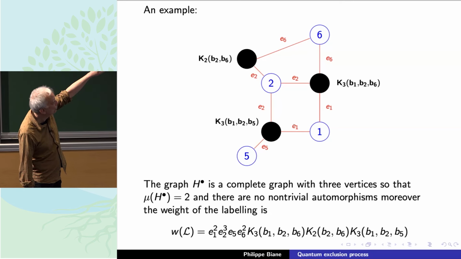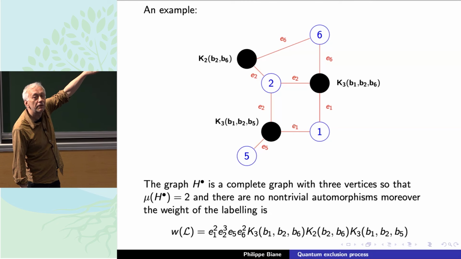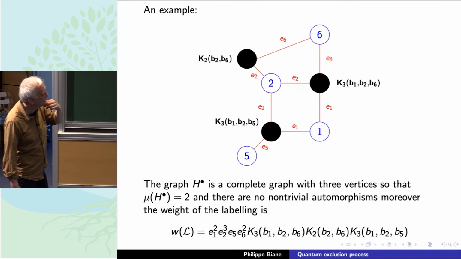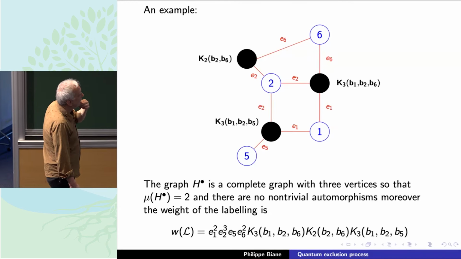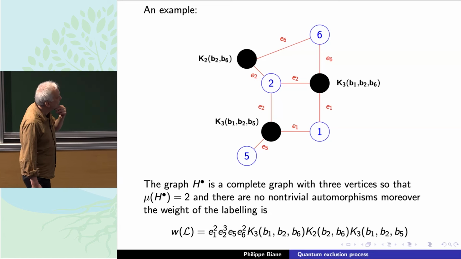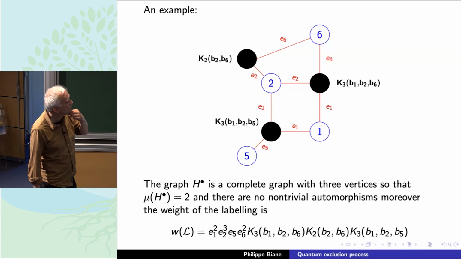I say that two black elements are connected if they share a white vertex in common. So this defines the graph H on the black vertices. In this case, you can compute the Möbius function. It is equal to 2. There are no non-trivial automorphisms.